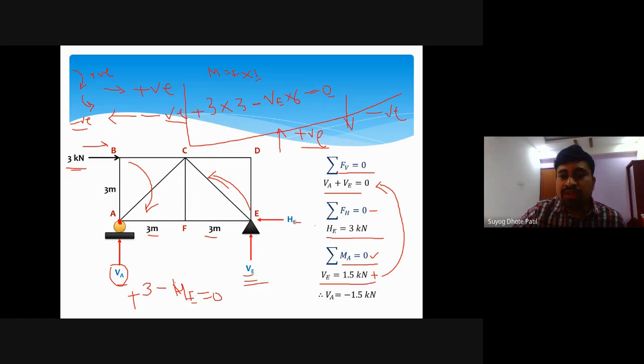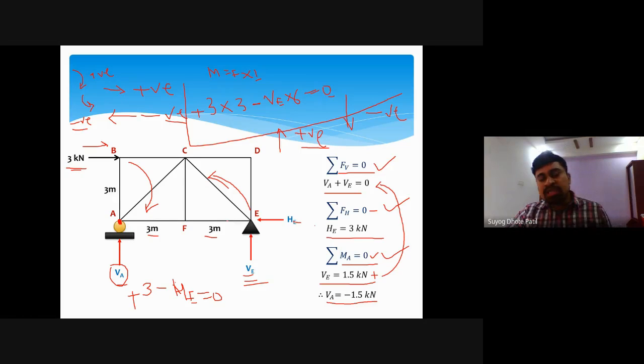So we have VA plus VE equal to 0. So VA plus 1.5 equal to 0. So ultimately we have VA equal to minus 1.5 kilonewton. So by taking these 3 equilibrium equations, this is 1, this is 2, and this is 3, we can solve for these 3 basic unknowns. So these 3 basic unknowns are known.